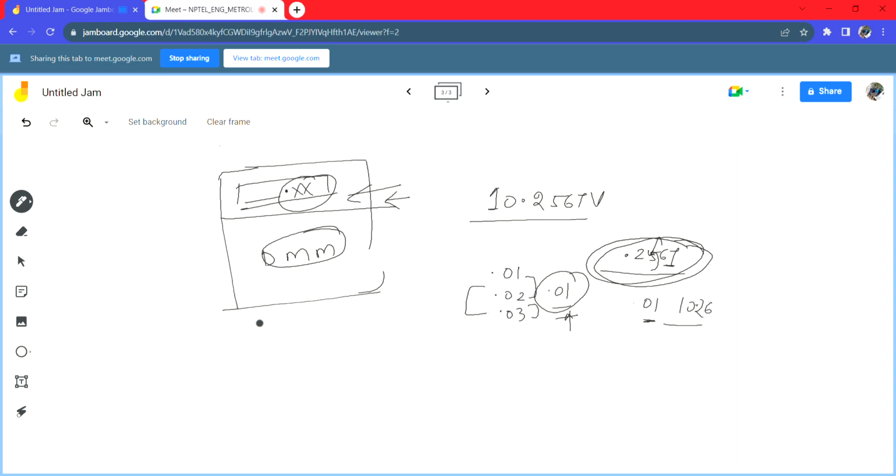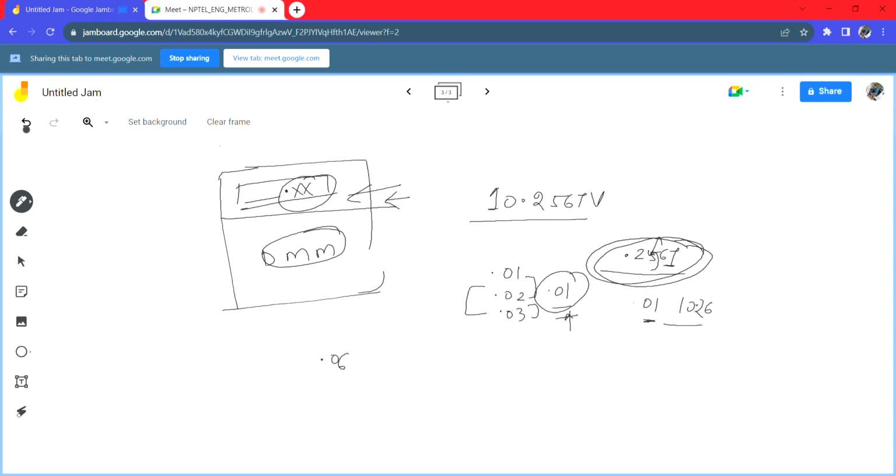Now say my resolution was 0.05, or say, to be very true, 0.06, to understand the difference between these values.